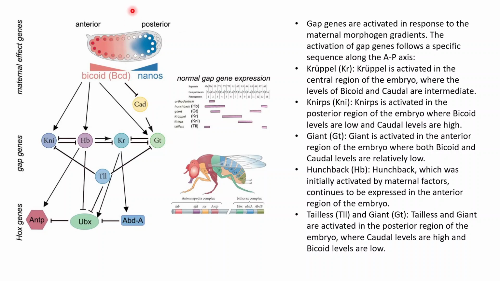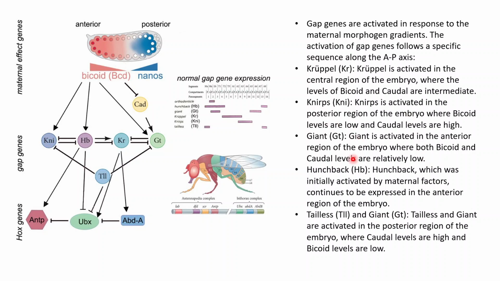But towards the middle areas where we have a lesser amount of bicoid, we have some amount of caudal present. Now both bicoid and caudal can collectively induce expression of giant and cripple. Knirps is activated in the posterior region of the embryo, where bicoid levels are low and caudal levels are high. So in the posterior region it will be knirps. Here, KNI, knirps.